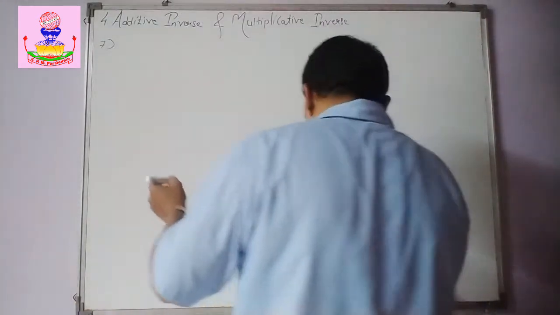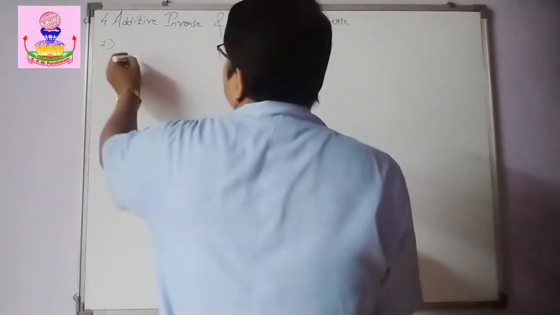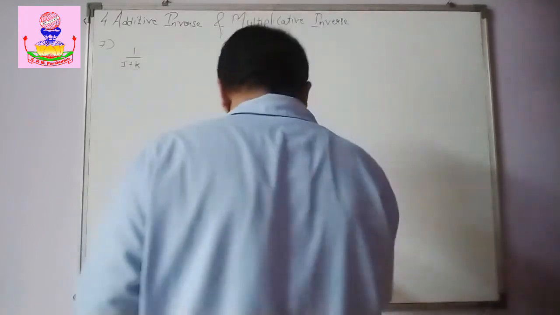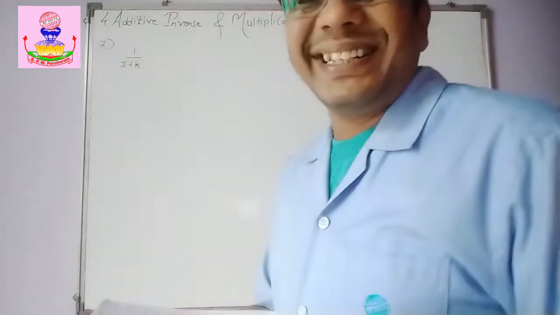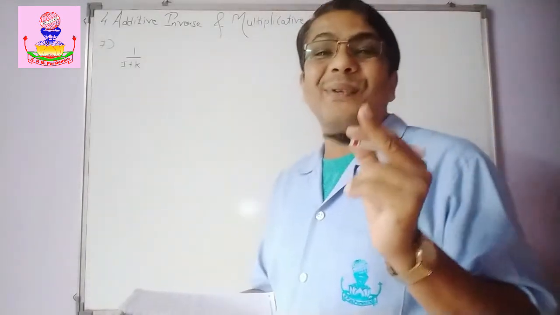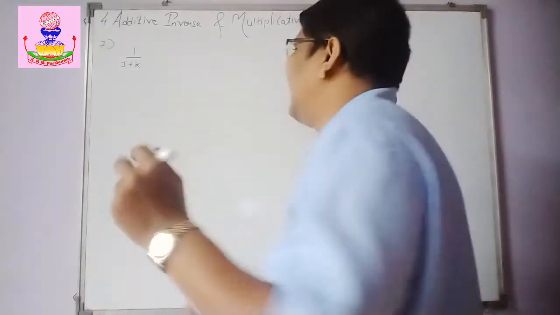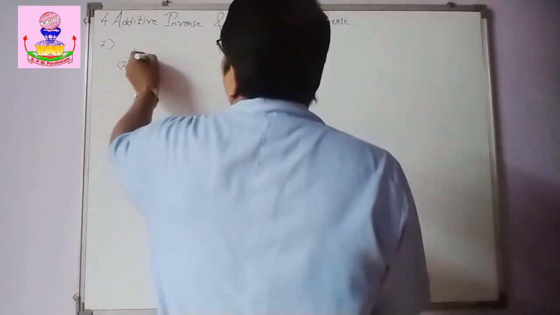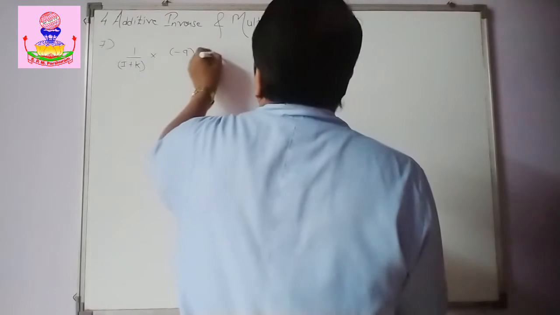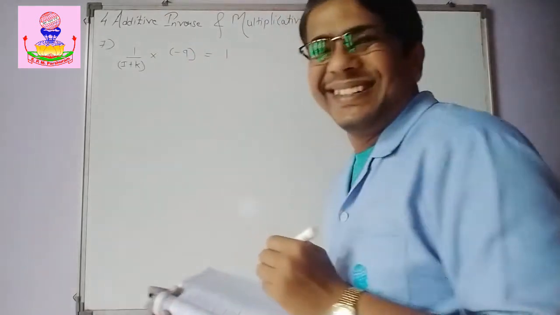So multiplicative inverse of 1 upon l plus k, 1 upon l plus k is how much? Minus 9. And we know product of multiplicative inverse is always what? 1. Yes, exactly. Right. So into minus 9, that is equal to 1.